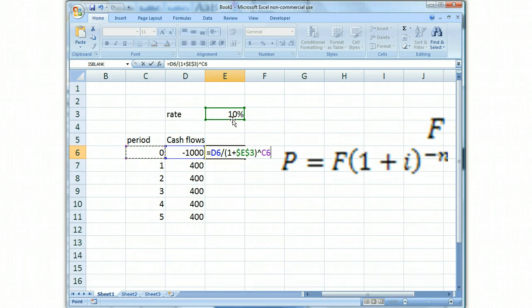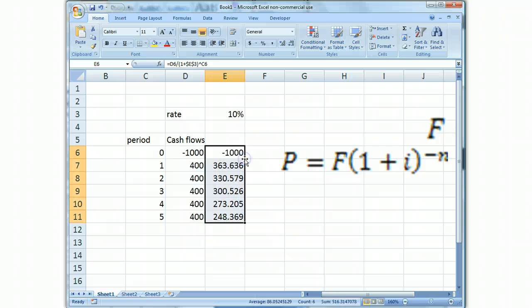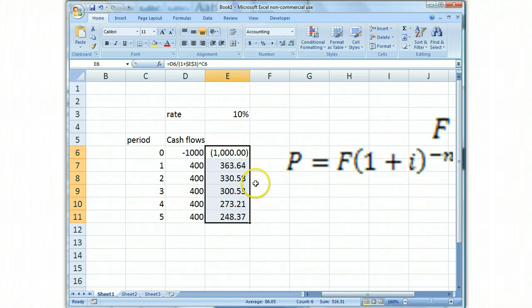Of course, that is just raised to the 0, and it doesn't make any difference. But now I can copy that by double clicking in the very left bottom corner of the cell, and that copies the formula, and I just click on comma to format, and there you go.